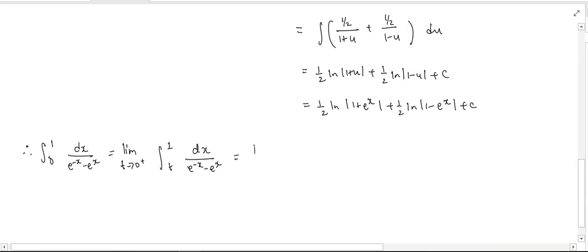Now, we know the antiderivative of our function. It's 1/2 ln absolute value 1 plus e raised to x plus 1/2 ln absolute value of 1 minus e raised to x. And then we evaluate from x equals t to x equals 1.